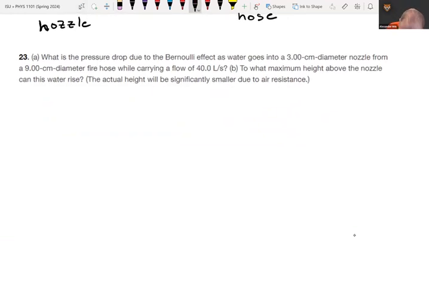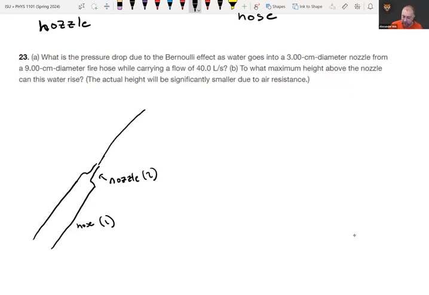I'm going to try and draw this so you can see kind of what's going on. What we have initially is a hose here, okay? And then, very similar to the problem we just did, we have a narrowing into a nozzle, okay? And so we could view the hose as case one, the nozzle as case two, and then this thing is going up.